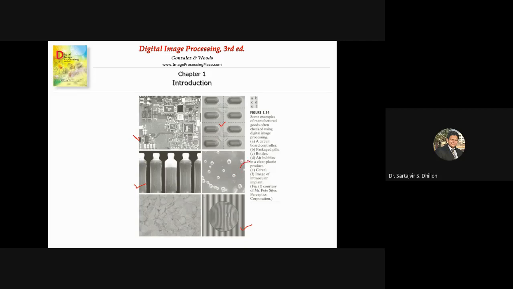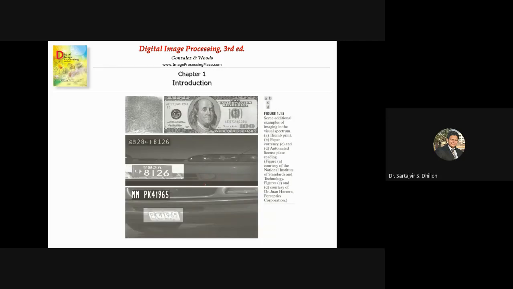So there is no single application, but there are a lot of applications of infrared. Not only infrared, there are a lot of bands, and you can use them to find applications.